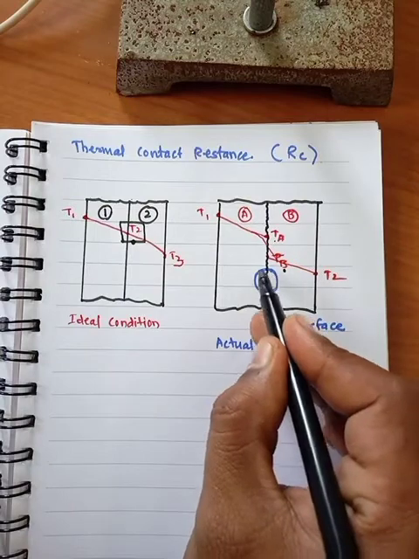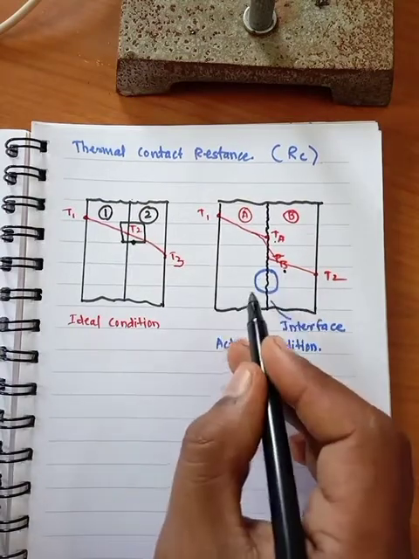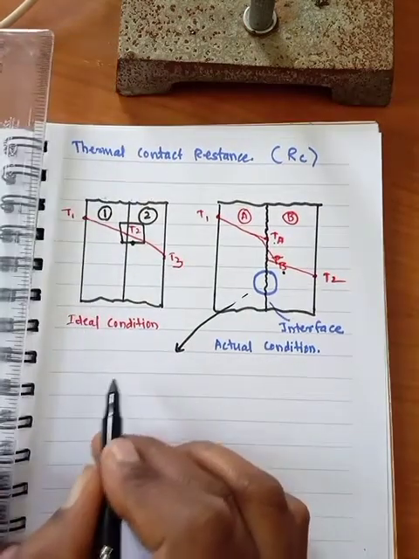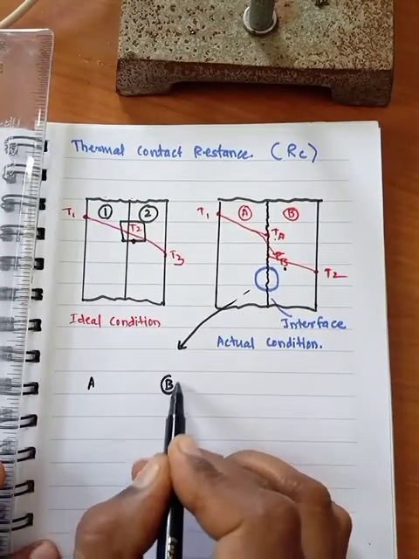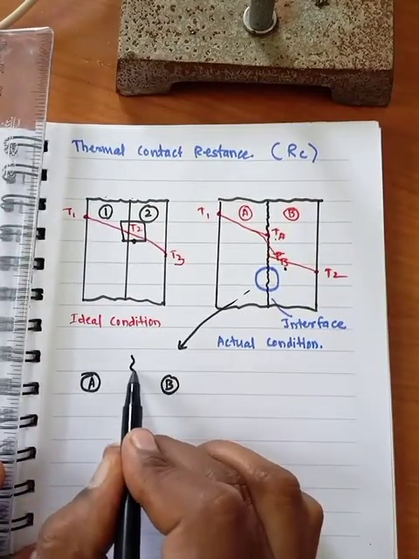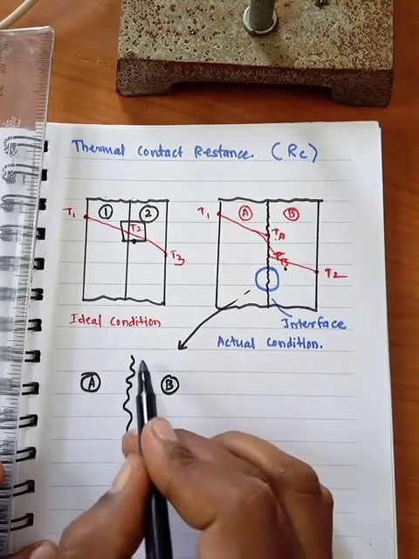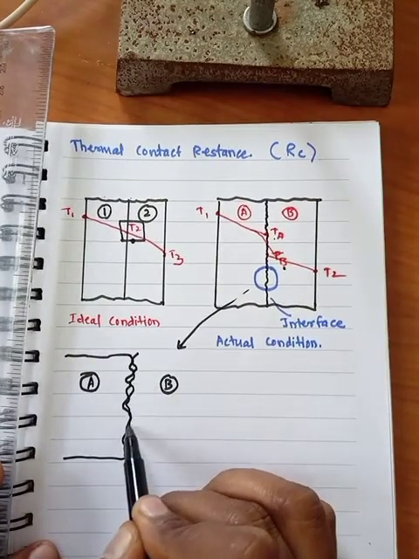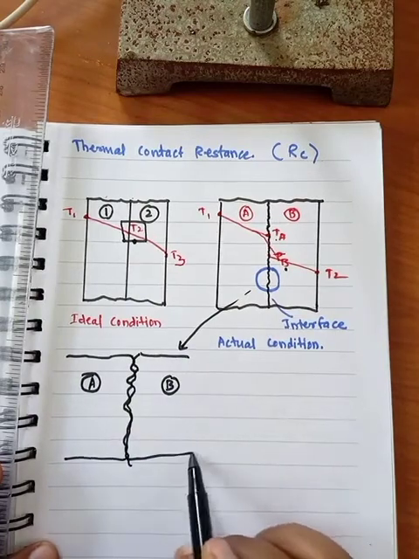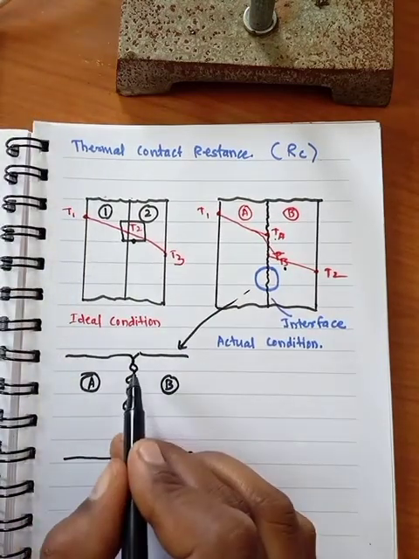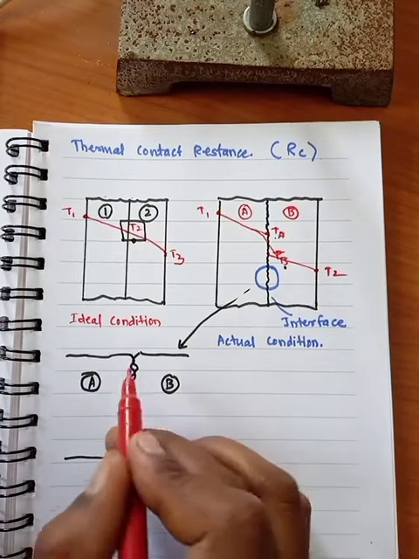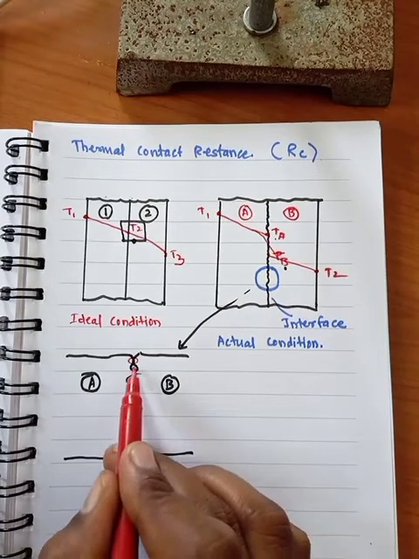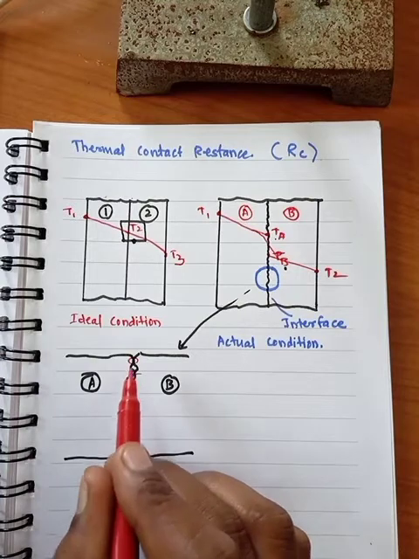So we'll see here one area we have considered, and if you enlarge that area, this is material A and this is material B, and due to the surface roughness, there will be contact somewhere between these two materials, but somewhere we see a gap at this interface.